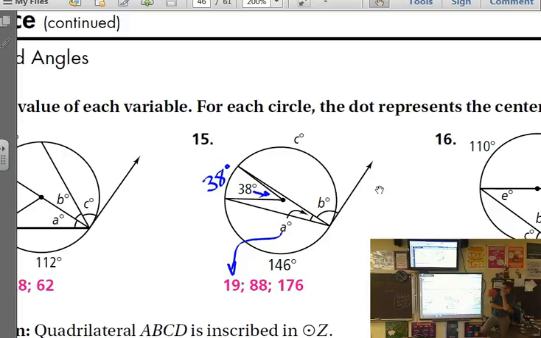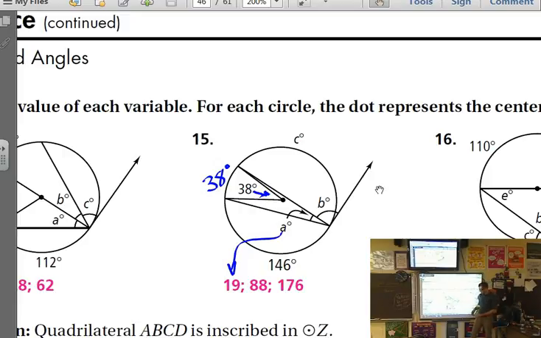And then, since you have 38 and then you have 146, C is the leftover. We really only have 3 arcs around my circle. I have the 38, the 146, and the leftover.